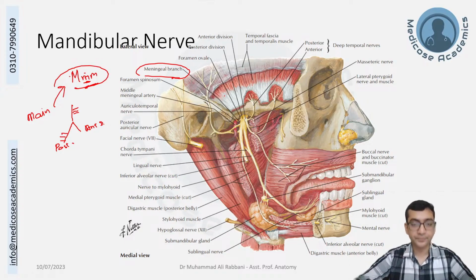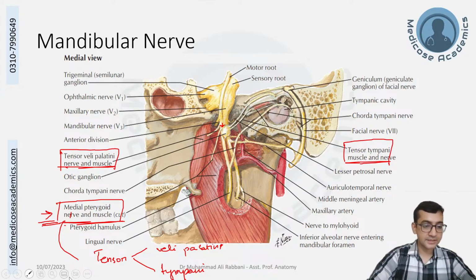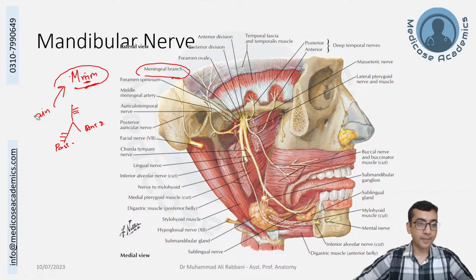The second one was the medial pterygoid nerve, which supplies the medial pterygoid muscle, along with the two muscles which have the name tensor in them, the tensor veli palatini and the tensor tympani. So this is the main trunk of the mandibular division. Okay, let's move to the anterior.